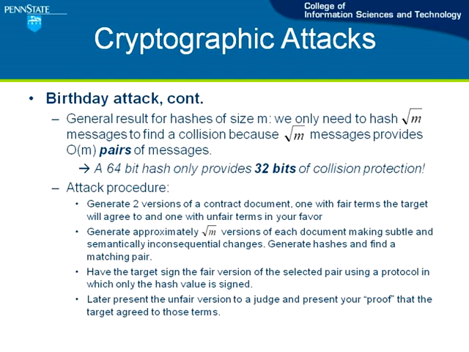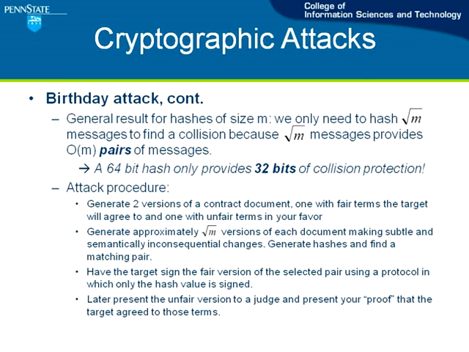If you can find a target or victim willing to agree to use an insufficiently strong hashing algorithm for signing a contract, you can use the following procedure to cheat that target. First, generate two versions of a contract document, one with fair terms that the target will agree to, and one with unfair terms in your favor.